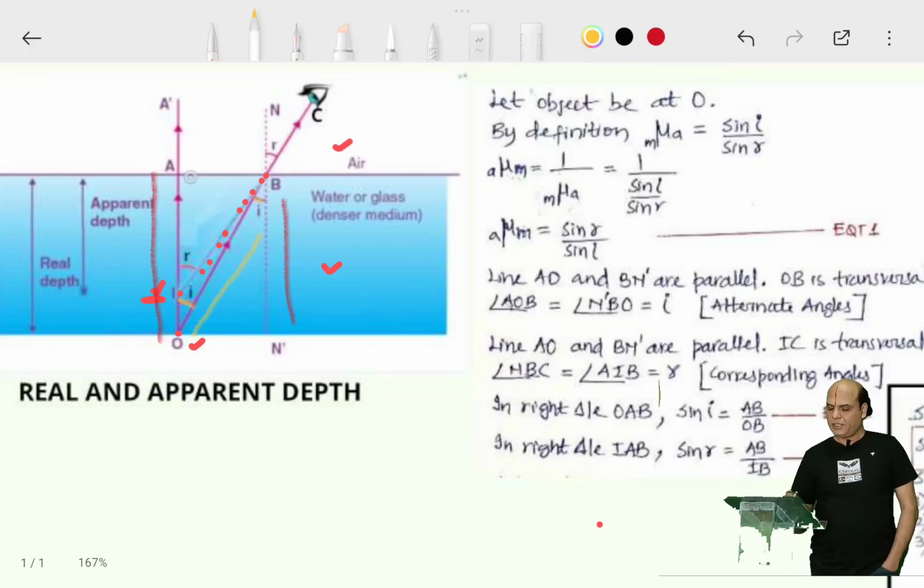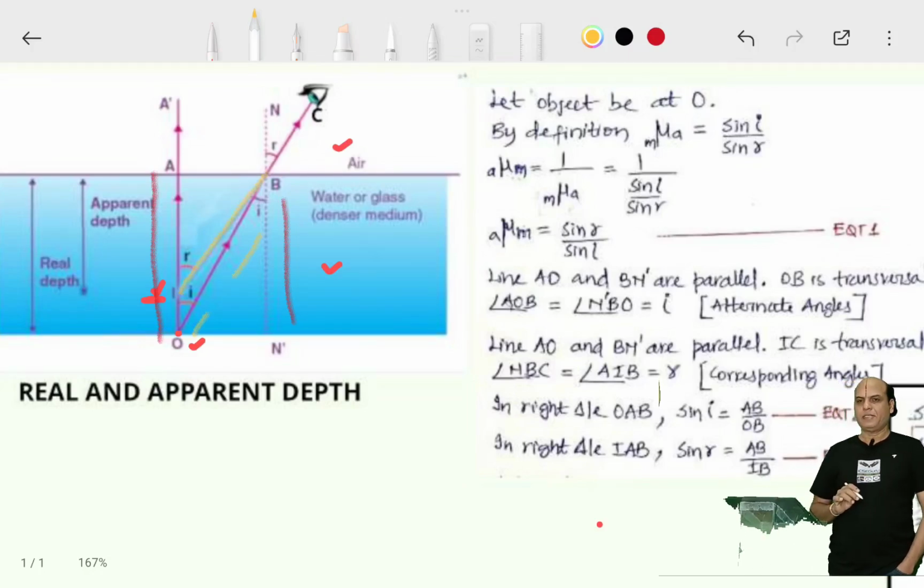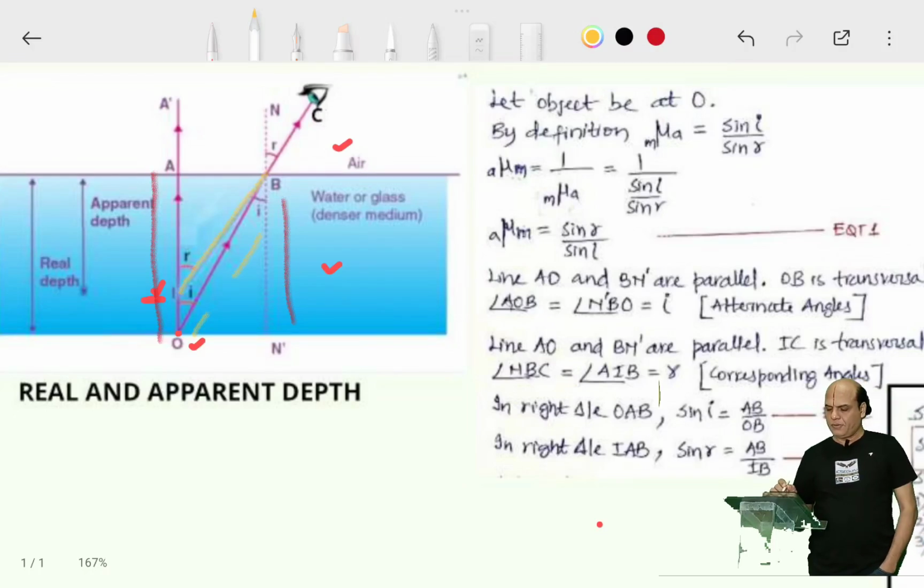Now, consider the same parallel lines AO and BN. Now the line IB is the transversal. Okay. So the angle NBC and angle AIB, these two angles are corresponding angles on the parallel lines.